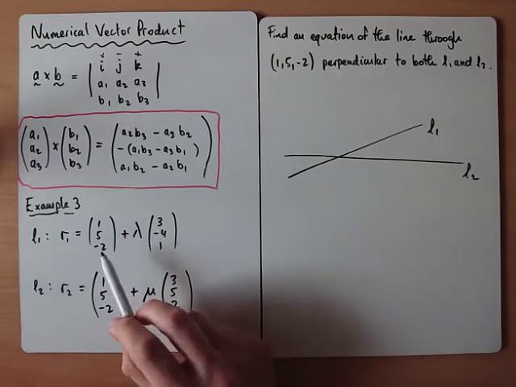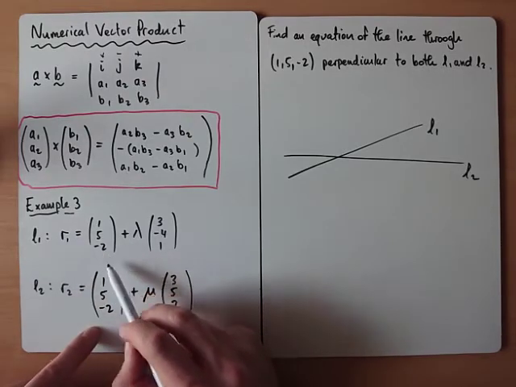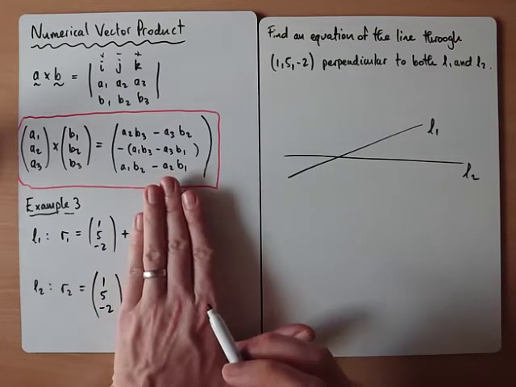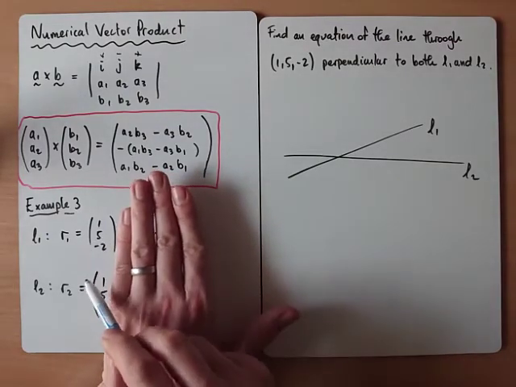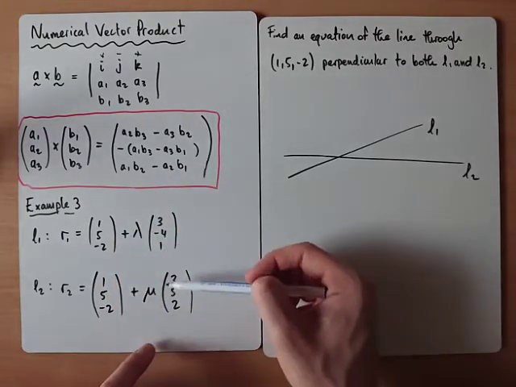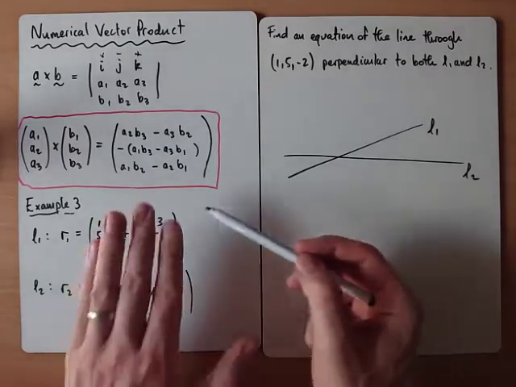Now what I've noticed here, these two lines actually share a common point, don't they? Imagine if lambda was 0 and if mu was 0, then we know (1, 5, -2) is a point on both of these lines. So these lines are not parallel to each other, they're clearly pointing in different directions. So they both pass through that point there.